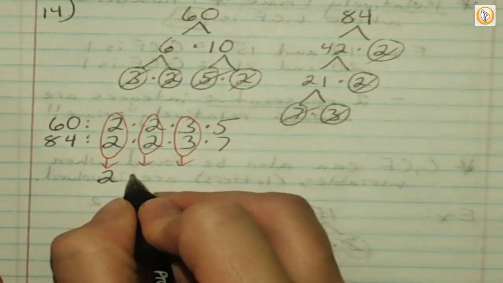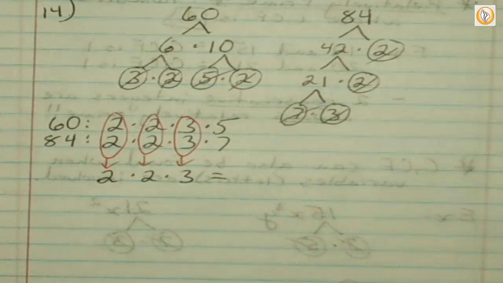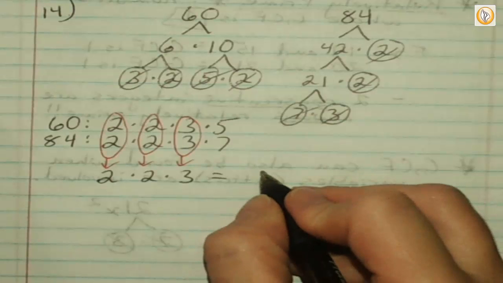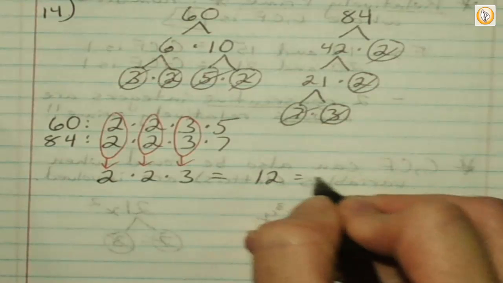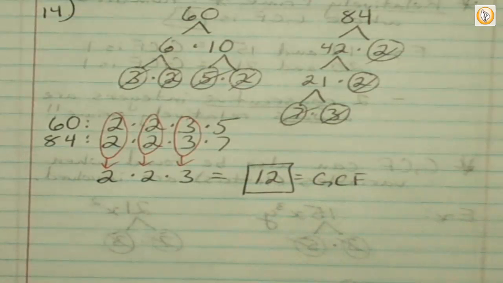So I'm going to write 2 down here, another 2, and a 3, and I multiply them all together. What do I get, Joanne? You get 12. Yes. So 12 is the GCF. Very good. Any questions?